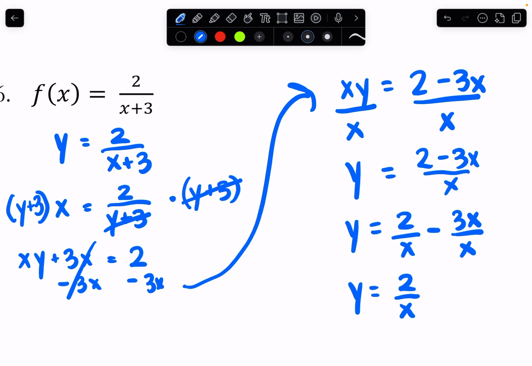Right, those x's are going to cancel out because they're being multiplied by that 3 there in the numerator. So minus whole number 3, and then we get back to the type of function that we started with back in number 1.